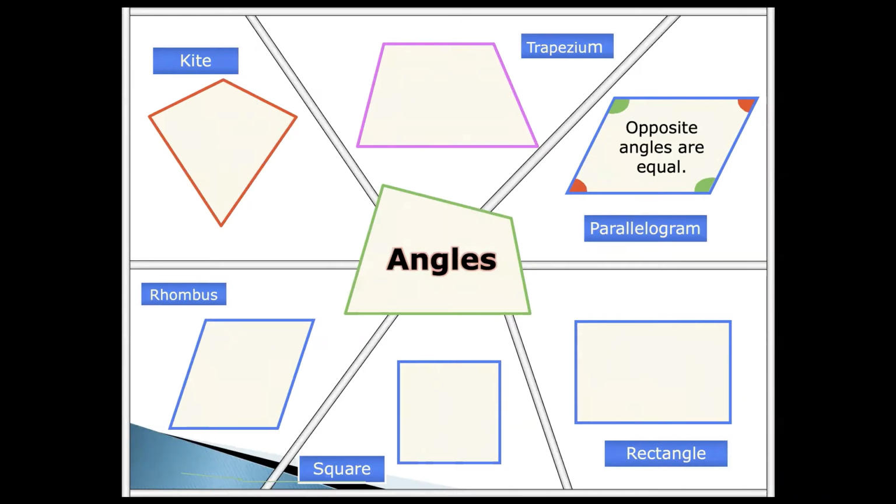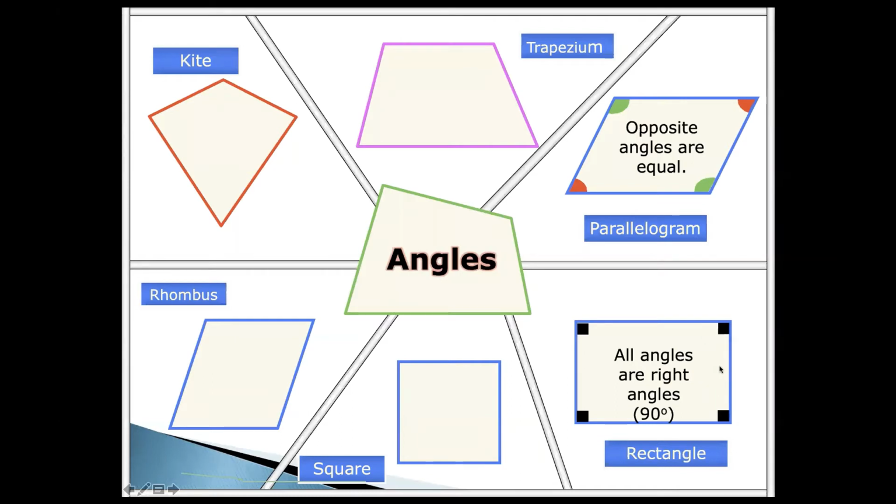What about the angles? Now let's talk about the angles. In the parallelogram, each two opposite angles are equal, and each two adjacent angles are supplementary, as we said. The rectangle has four right angles.